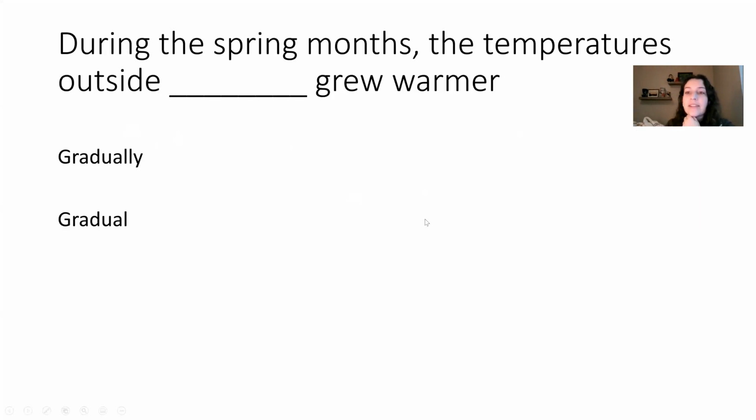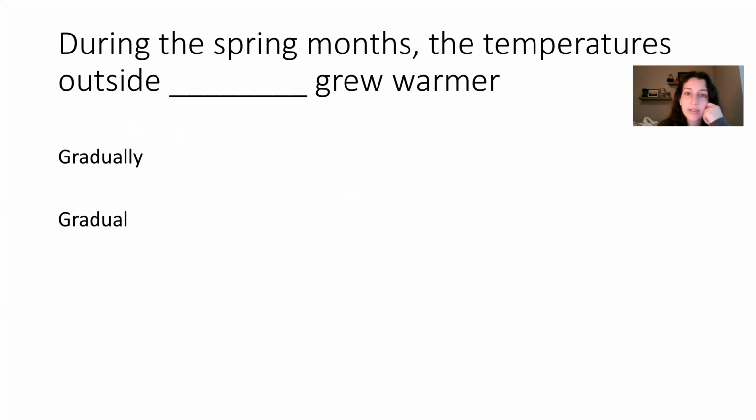During the spring months, the temperatures outside blank grew warmer. All right, so this blank spot precedes grew, which is a verb, right? So we want something to describe grew. Now let's read it with both answers in it.